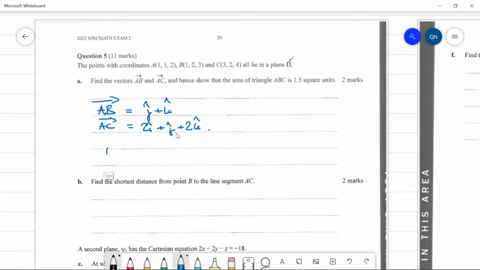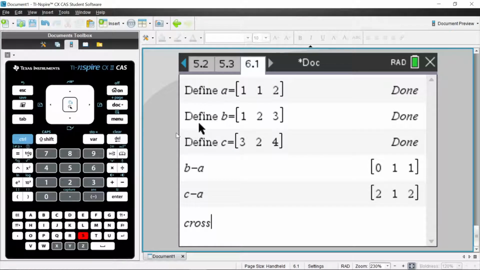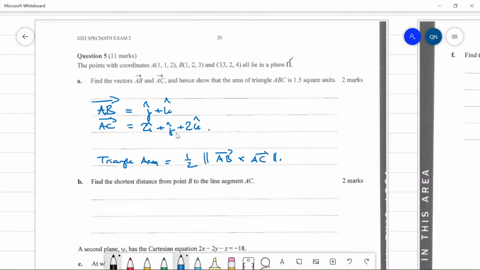So triangle area is 1/2 of the norm of AB cross AC. Let's compute the cross product of B minus A and C minus A, and then take the norm of this. It's going to be 3, and then we divide by 2, and it's going to give us 1.5. That's 1/2 times 3, which is 3 on 2.